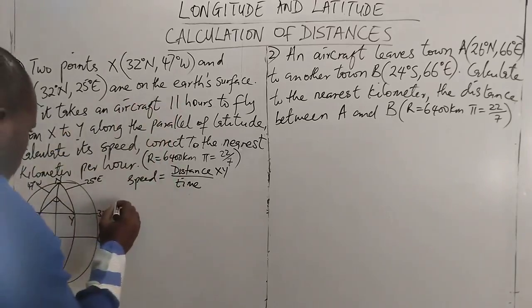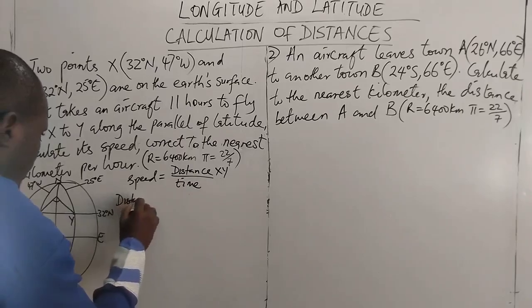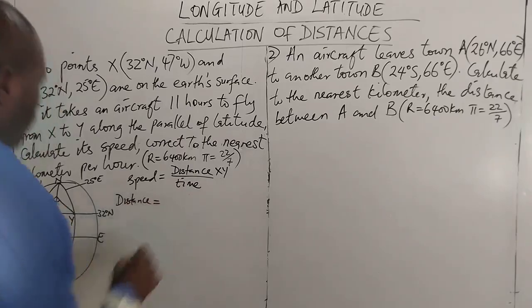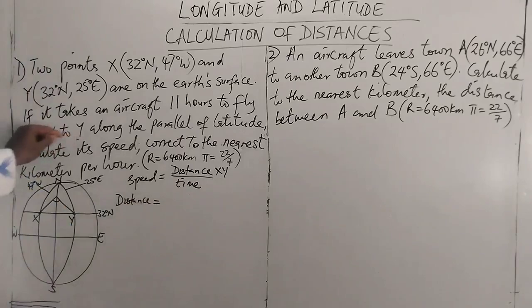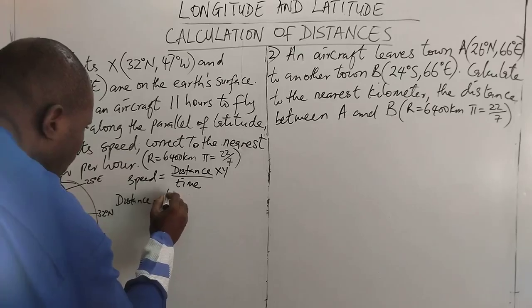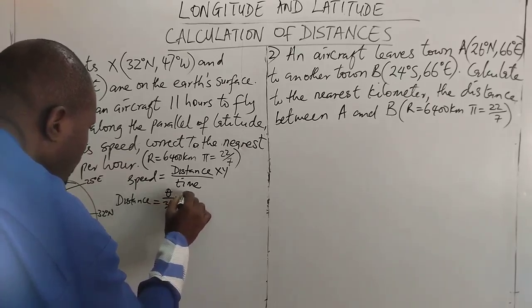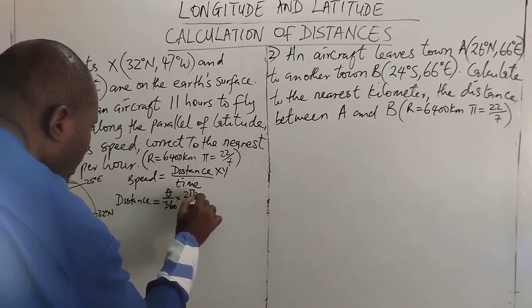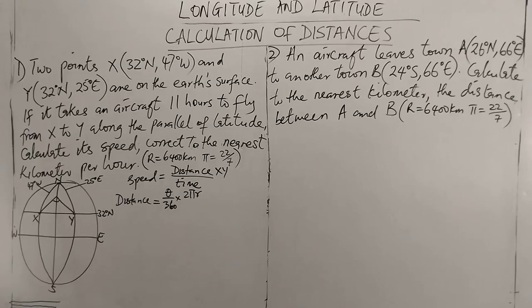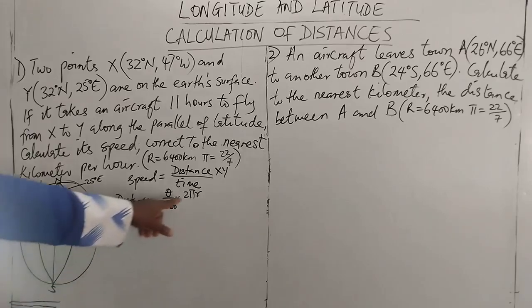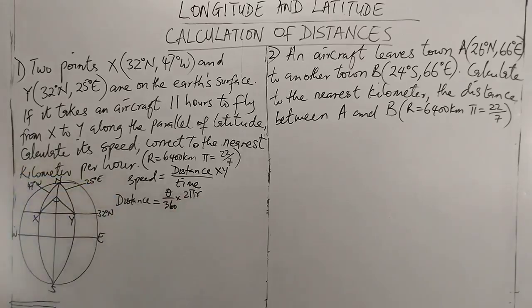Now, distance for two points that are along the parallel of latitude is given by theta over 360 times 2 pi r. In this formula, we have small r. Why?